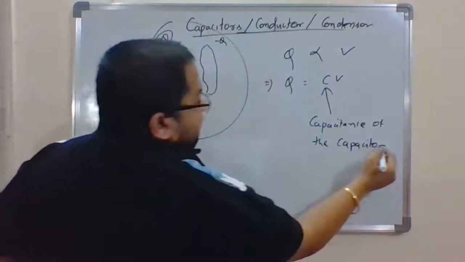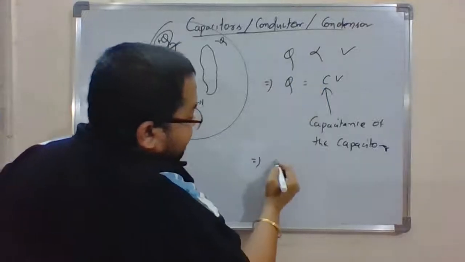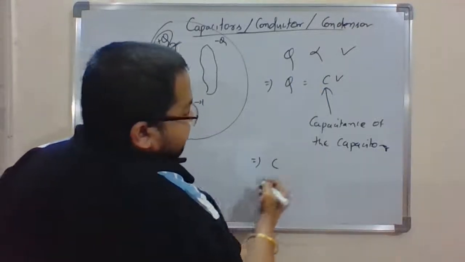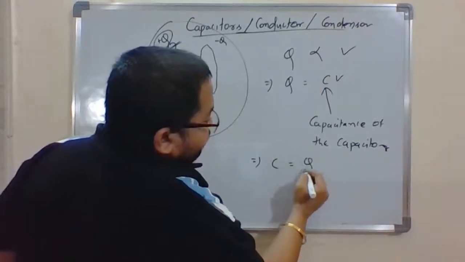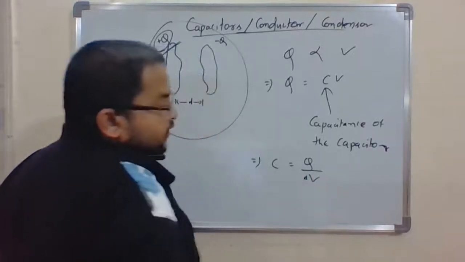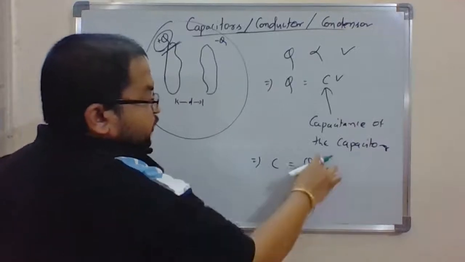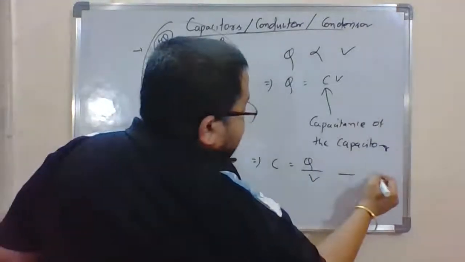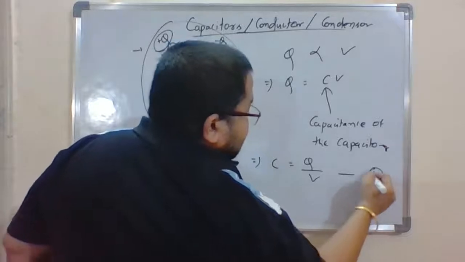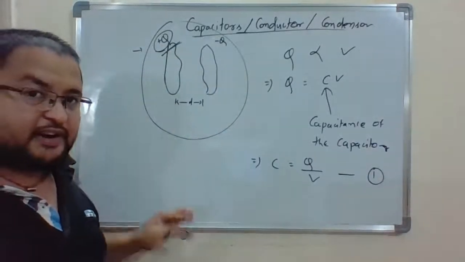So the capacitance C equals Q by V, or delta V, whatever you want to say. This is how the capacitance of a capacitor is defined.